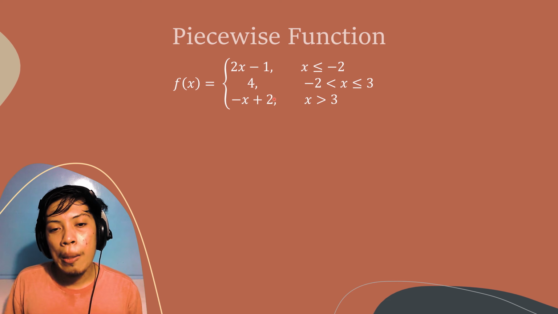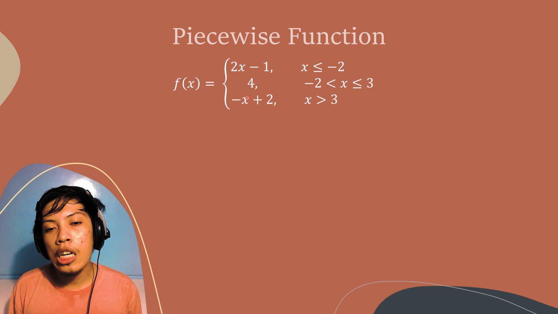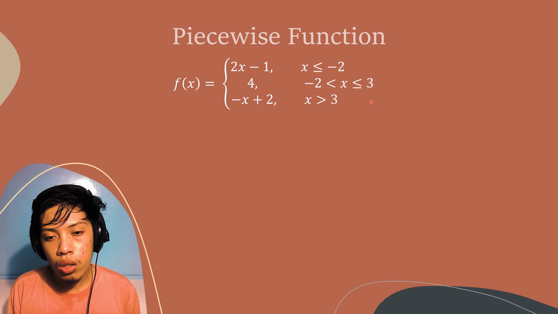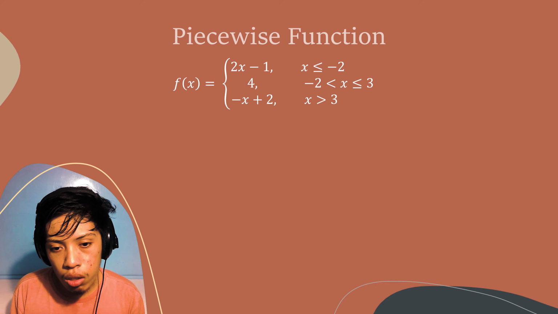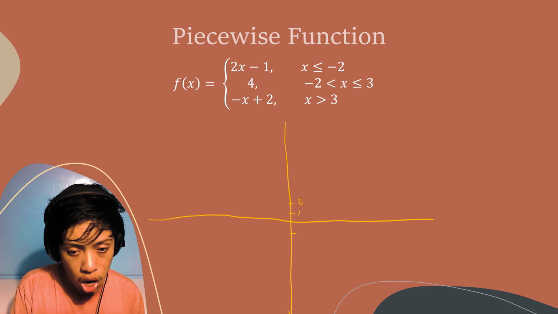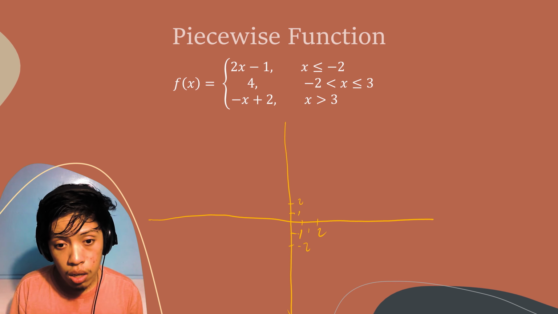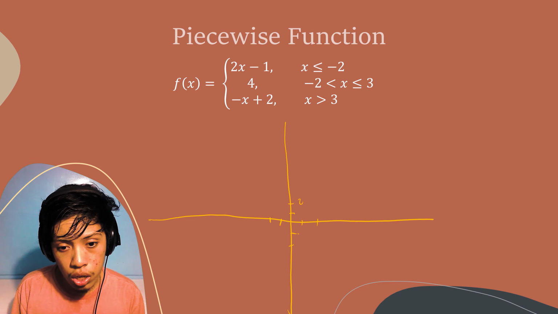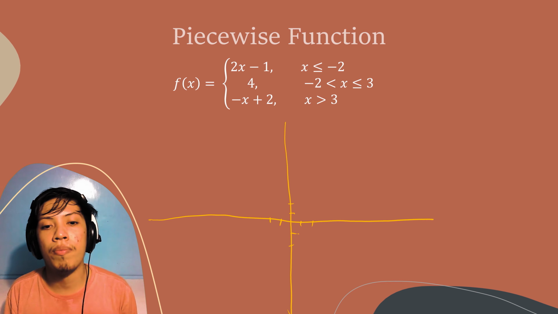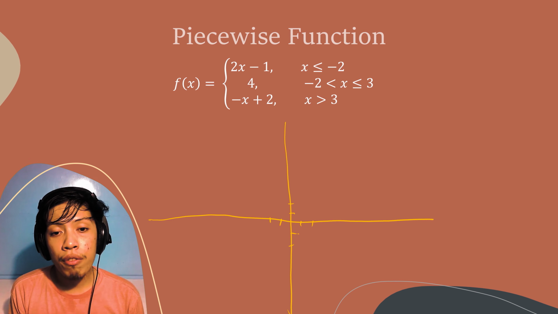So how do we draw the graph of this function? Of course, we have to construct the Cartesian plane. Let me just erase. Suppose this is the Cartesian plane. Let's draw the graph of the first line first.